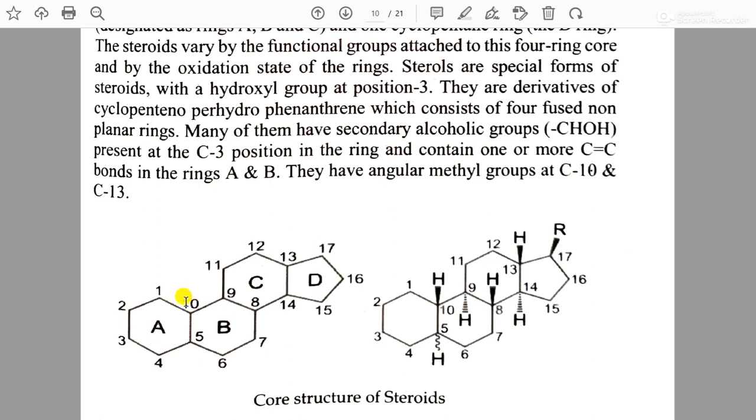So this is position 10 and position 13. At these carbon atoms, there will be methyl substituents in certain steroids. Since these are angular positions, we say that these are angular methyl groups at position C10 and C13.